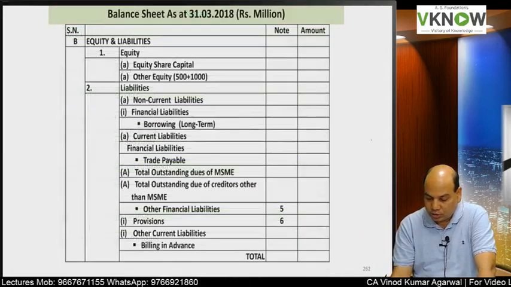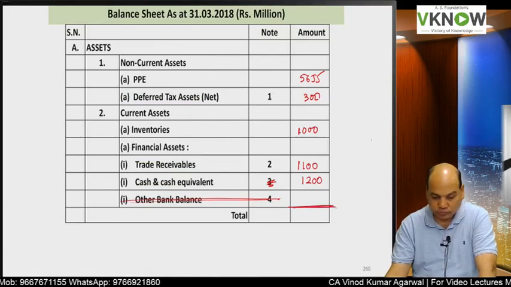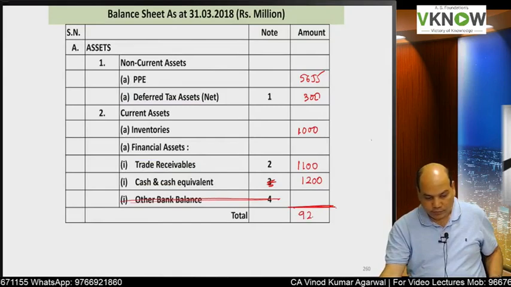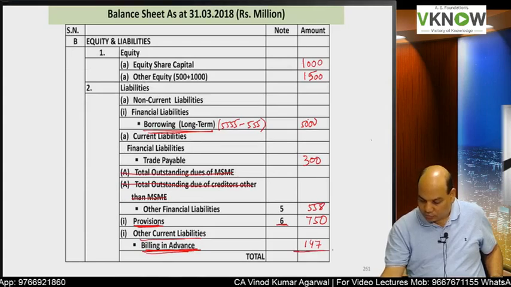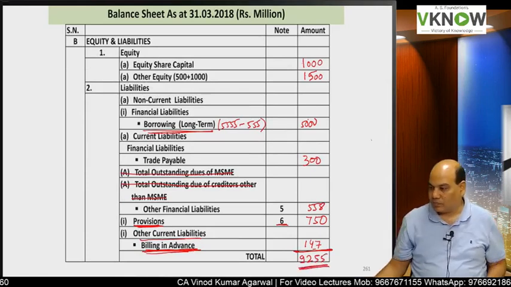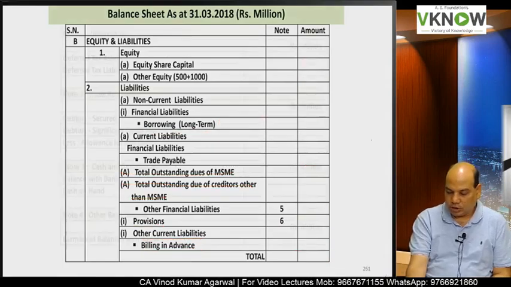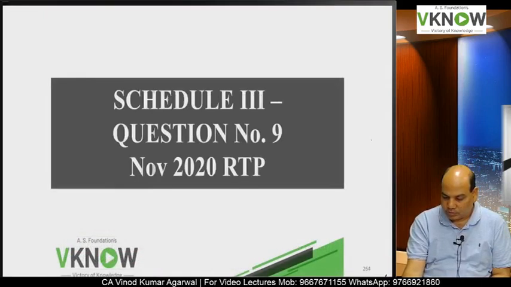Now you can take the total of the asset side first. 9255. Okay, take the total of liability side also. 9255. Tallied. So based on whatever information was given, we have done.